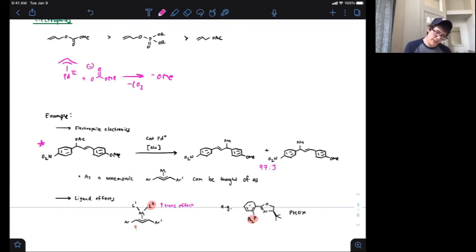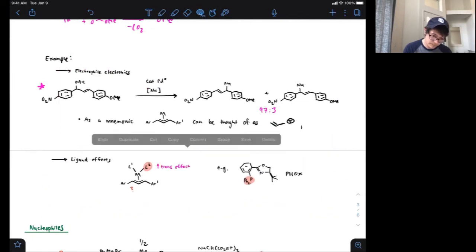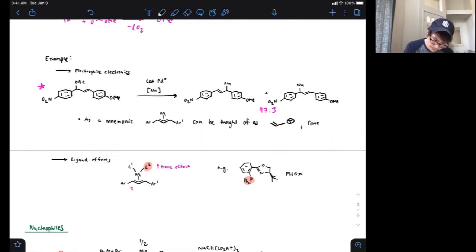And so the way to think about this, at least in terms of a mnemonic, is think about the pi-allyl in terms of how it's reacting as an allyl cation. And consider the ground state electronic structure.